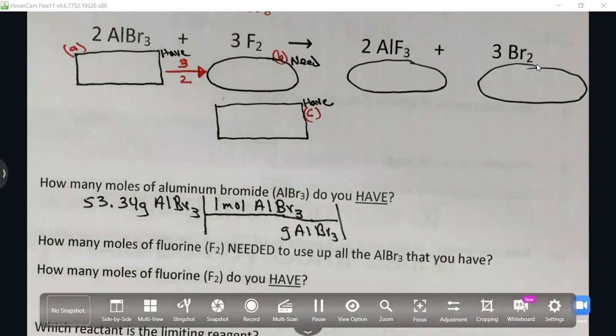What is the molar mass of aluminum bromide? One aluminum, 3 bromides, that's a pretty big number.